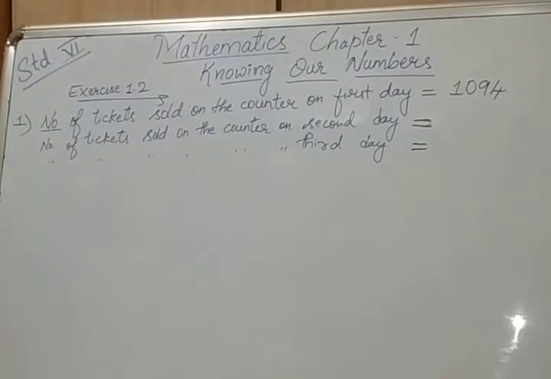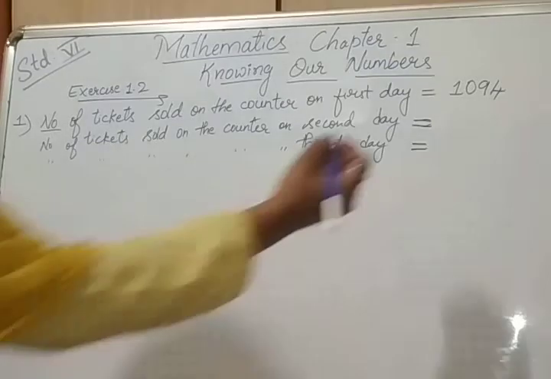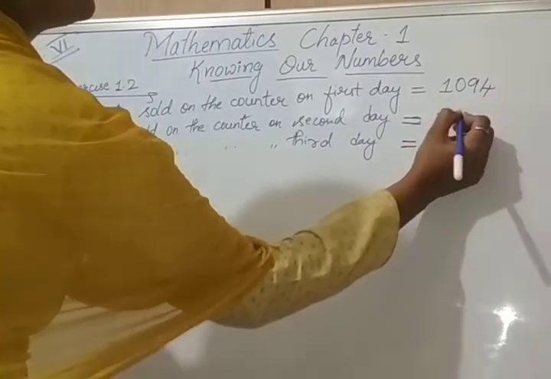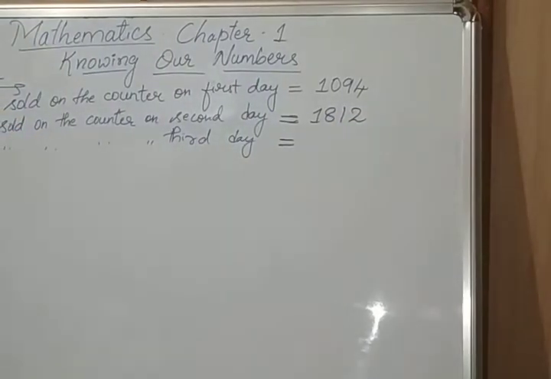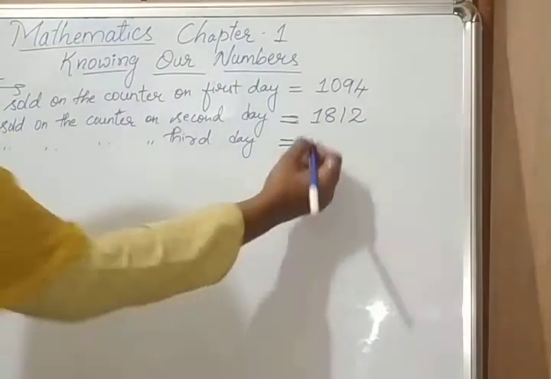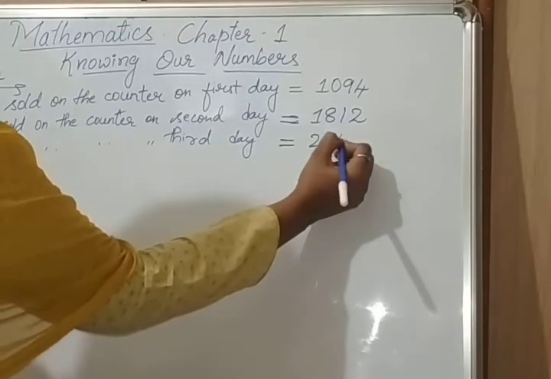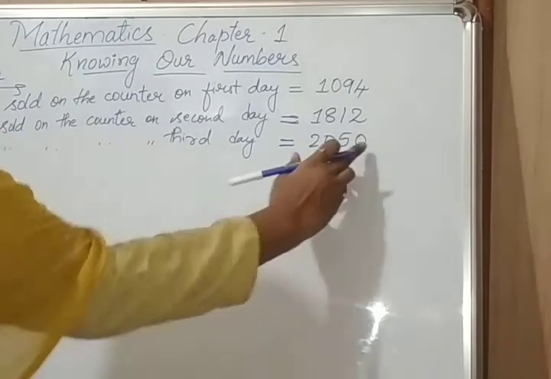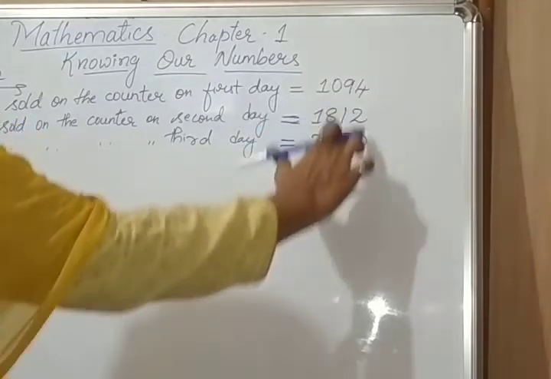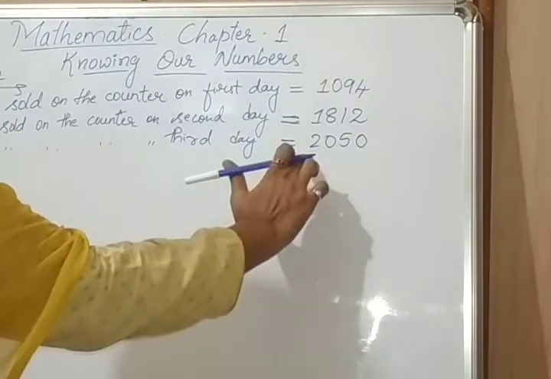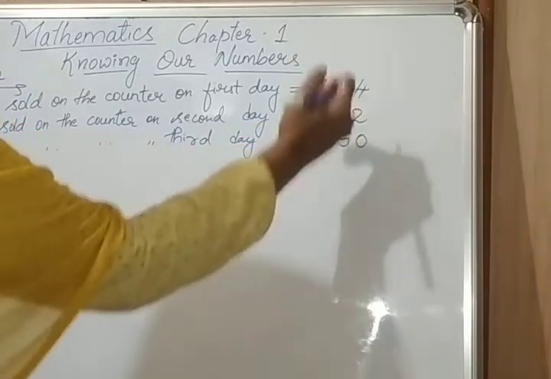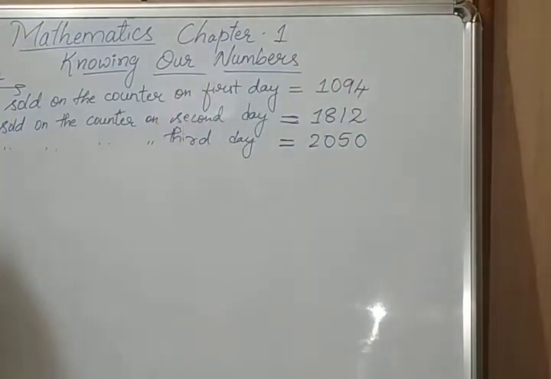So what is the second day? Number of tickets sold is 1812. Third day, 2050. So remember, write the numbers in the units place, tens place, hundreds place, thousands place correctly, one below the other.